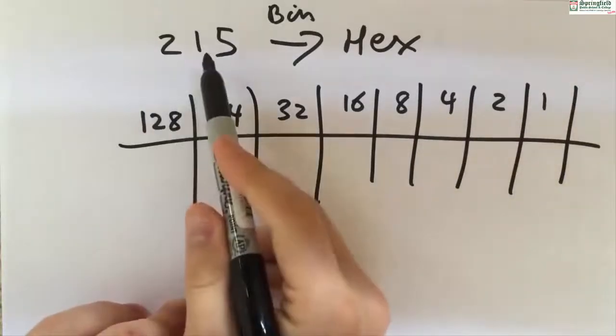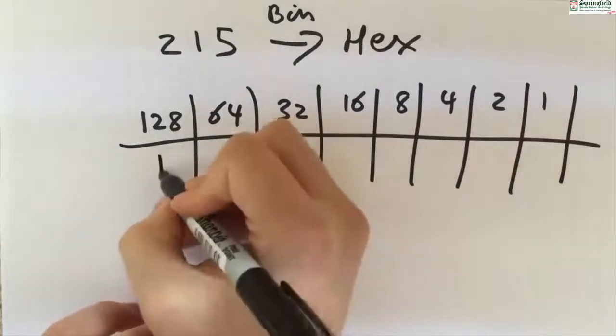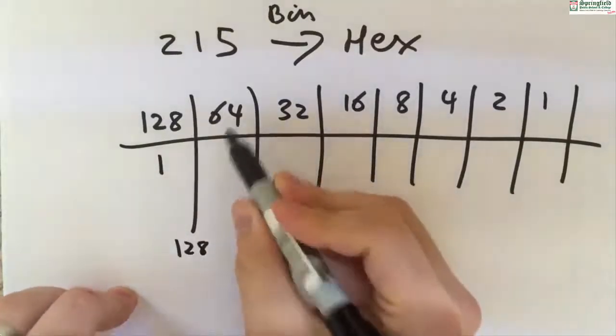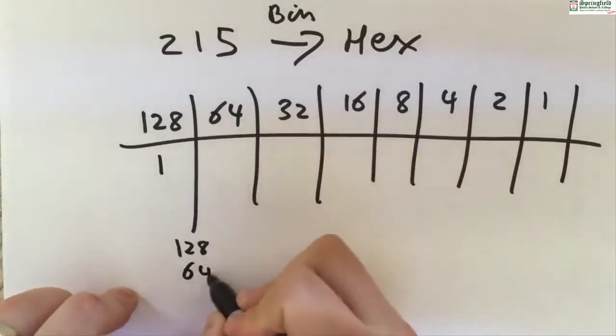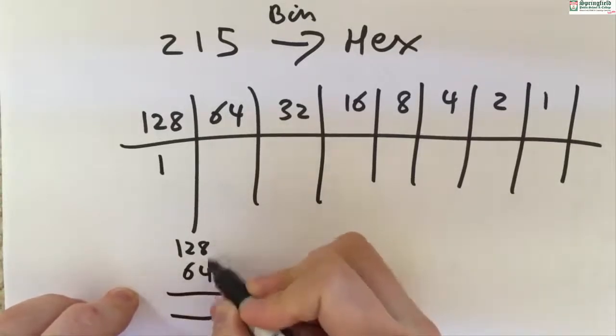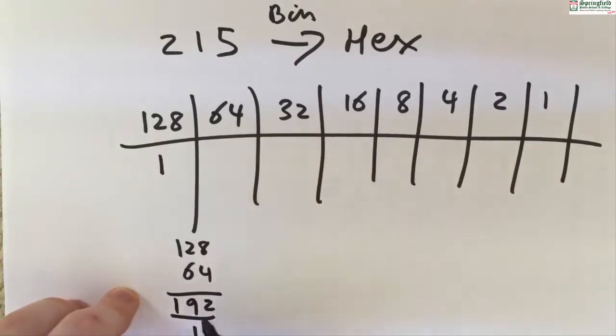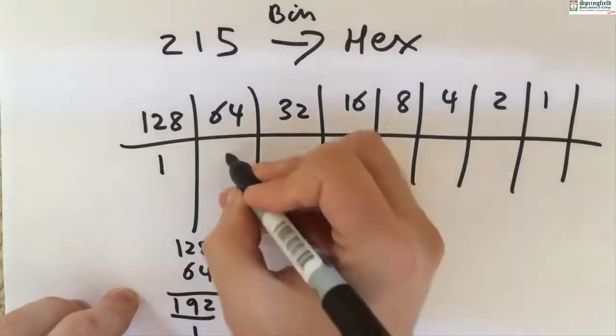So will 128 go into 215? Yes, and that means I am up to 128. Will 64 go into this? Well, if I add on 64 here, 4 add the 8 is 12, 2 add 6 is 8, add the 1, 9, and the 1 on the end is 192. Yes, because 192 still isn't up to 215, let's add that on.